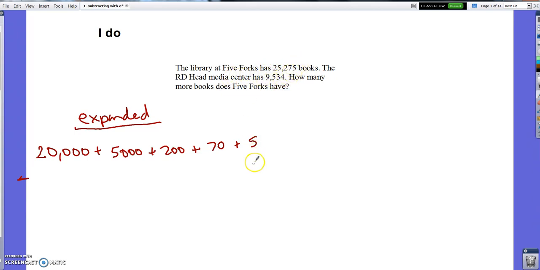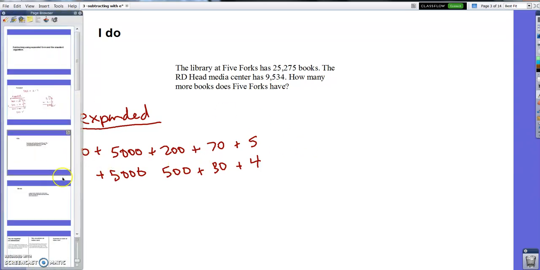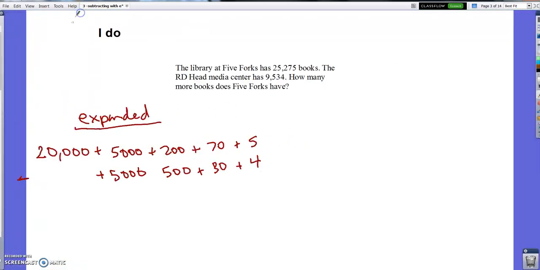I'm going to line up my 4 ones with my 5 ones, my 3 tens with my 7 tens, my 5 hundreds with my 2 hundreds, my 9 thousands with my 5 thousands, and I don't have any 10,000s in the Artie Head numbers, so I'm not going to worry about those. You can think of it as being 0 10,000s if you want. You don't have to write it. You can if you prefer.